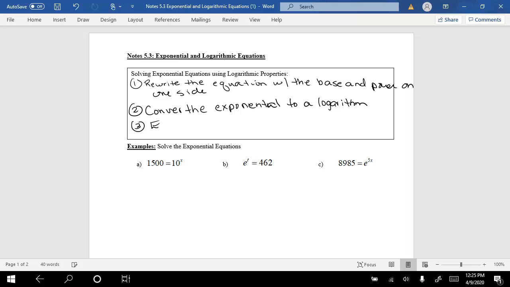Then we're going to evaluate using the change of base. It's hard to write on this laptop. And step 4, continue to solve if needed.